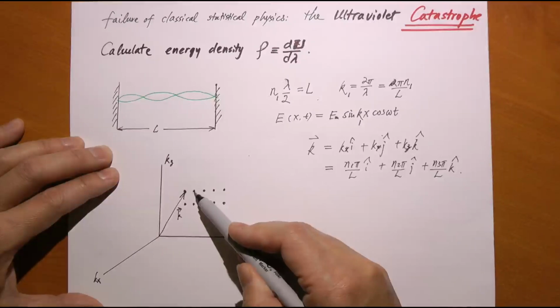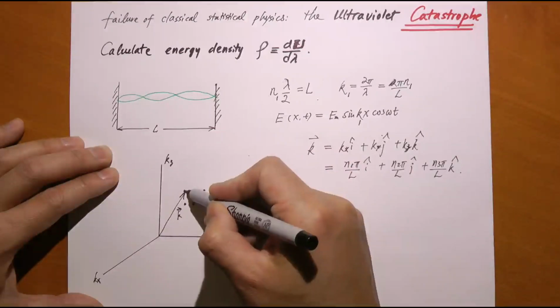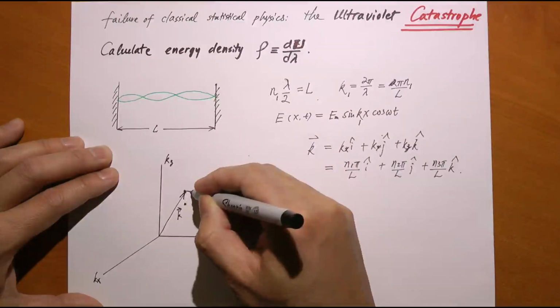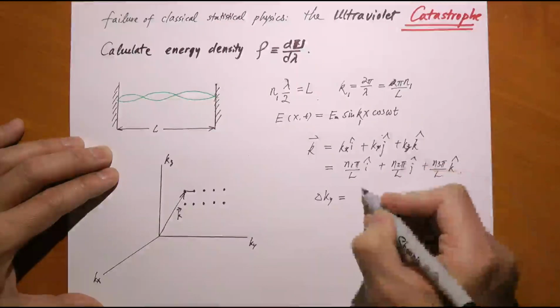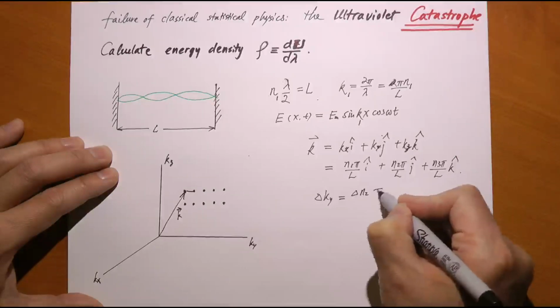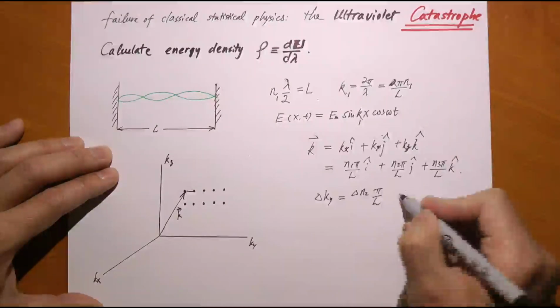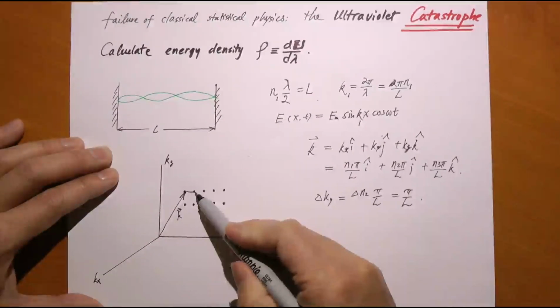Say this is n2 equal to 3, this must be n2 equal to 4, this must be equal to 5, and so on. So the gap in the y direction for these two k values, delta ky, would be delta n2 times pi over L. Delta n2 equals 1, so that's pi over L. This is the gap in the y direction.